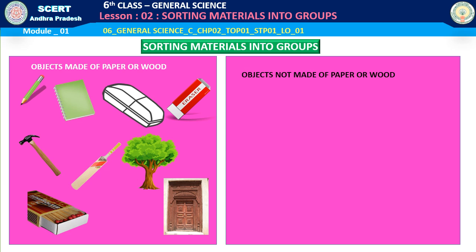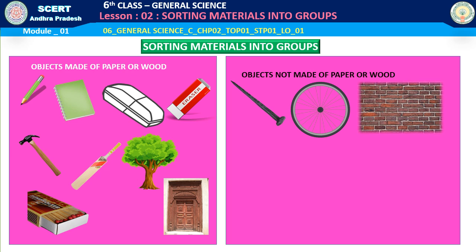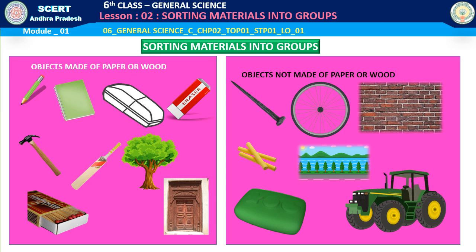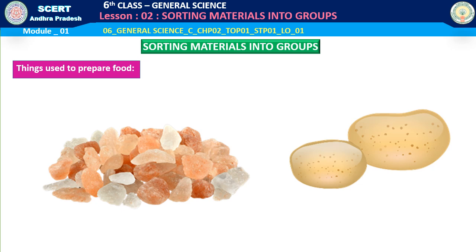Objects not made of paper or wood include nail, spoke of a wheel, wall, chalk piece, road, soap and tractor. But again we have to think of salt and potato. How can we group them? Let us observe. We group salt and potato under the things used to prepare food. These two items are used in food preparation.